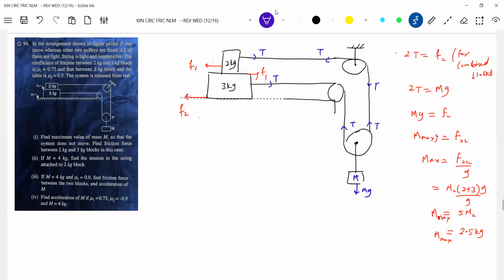F1... 25. So T equal to 12.5 Newton. Then F1 equal to T. Okay, what is T? 12.5. But what is the maximum permitted value of F1L?